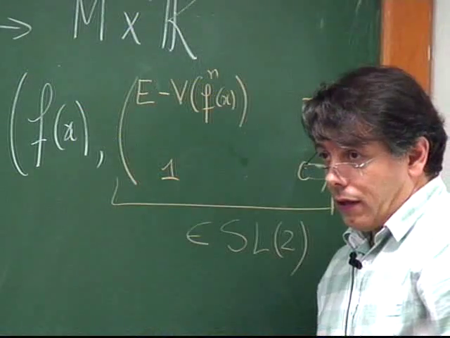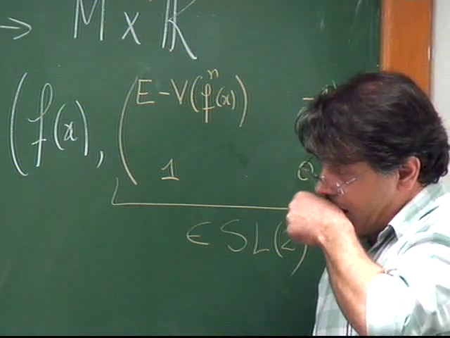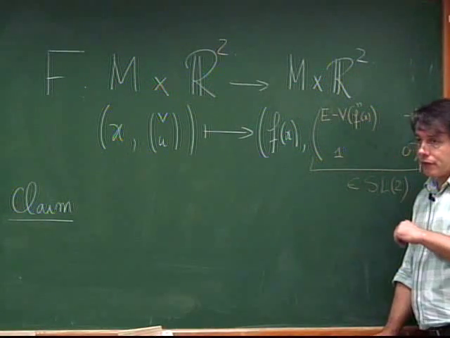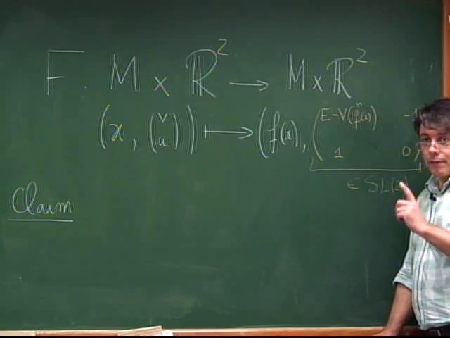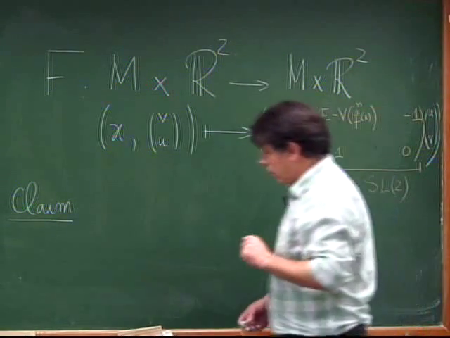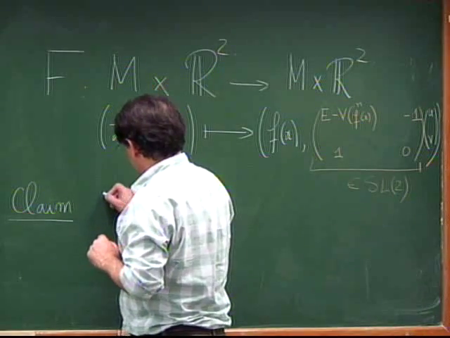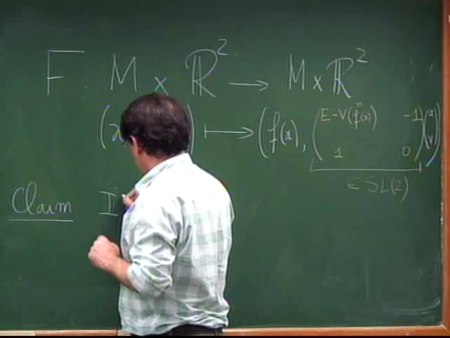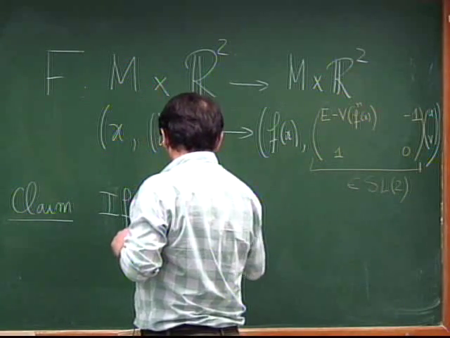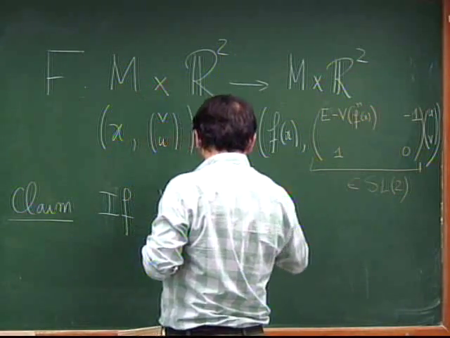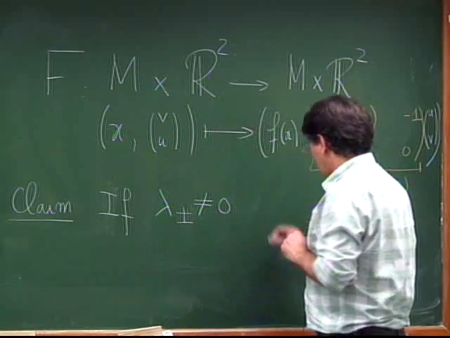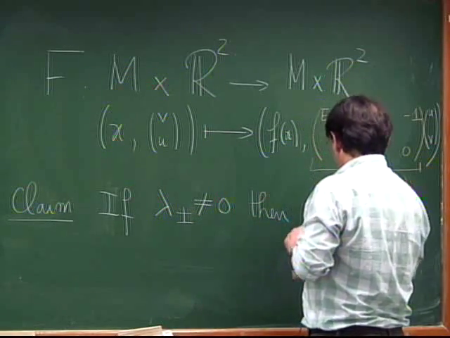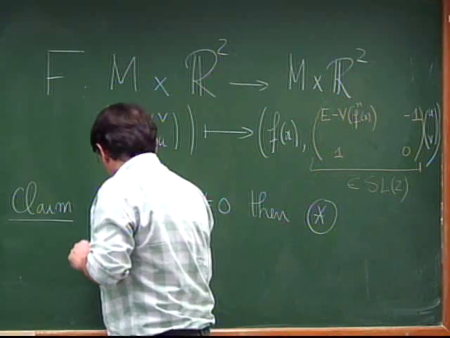So the Lyapunov exponents lambda plus and lambda minus for this cocycle are symmetric to each other. Okay? So my claim, and this will become obvious in a few days, is that if the Lyapunov exponents are different from 0, then star has no solutions.